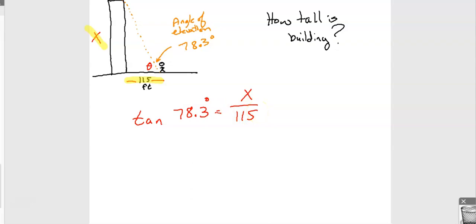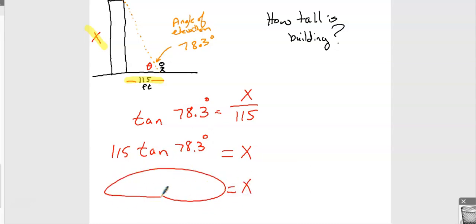Then we solve that: x equals 115 times the tangent of 78.3 degrees. Then you plug that into your calculator. Make sure you're in degree mode, because we're talking about the tangent of 78.3 degrees. Then you would get how tall the building is.